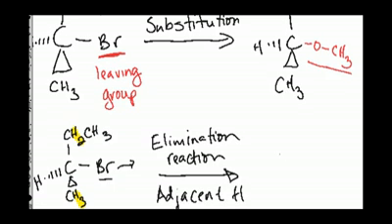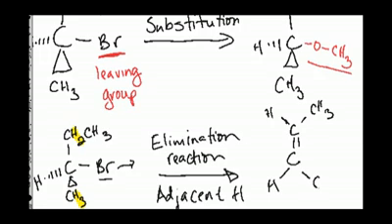So you would end up with something like CH3 and then H and CH3. In this case, the leaving group was replaced, instead of by a compound, with this double bond right here. That's the basic difference between substitution and elimination.